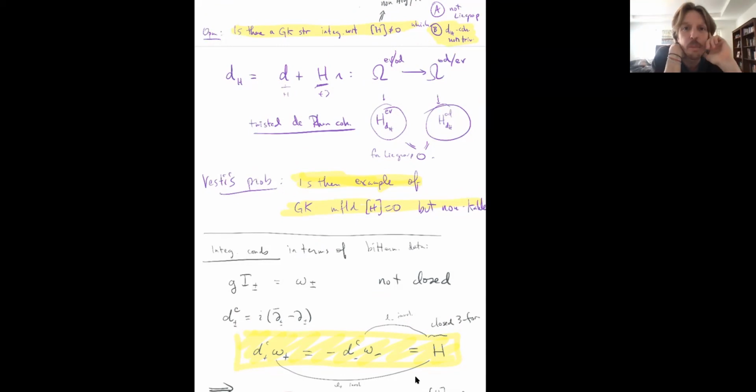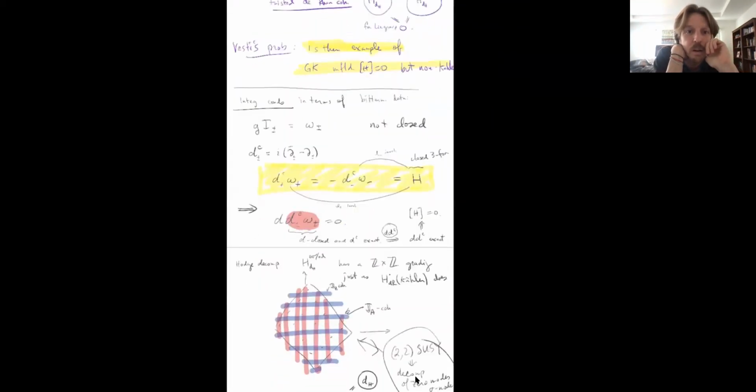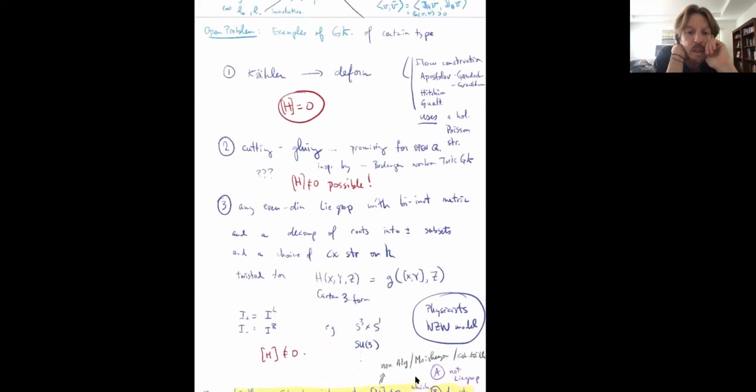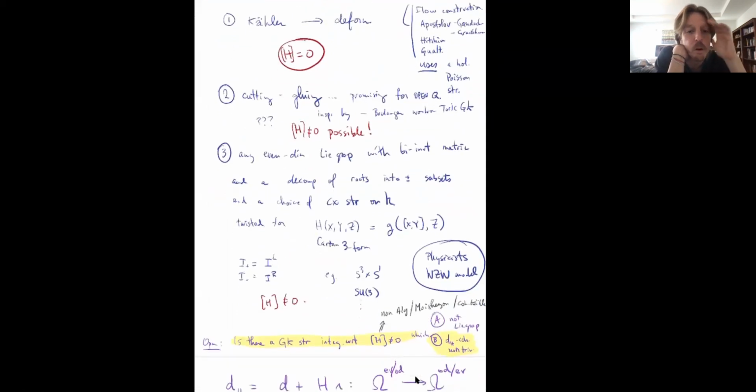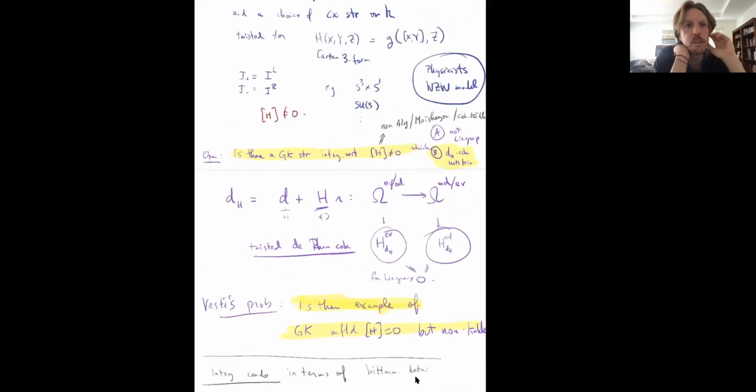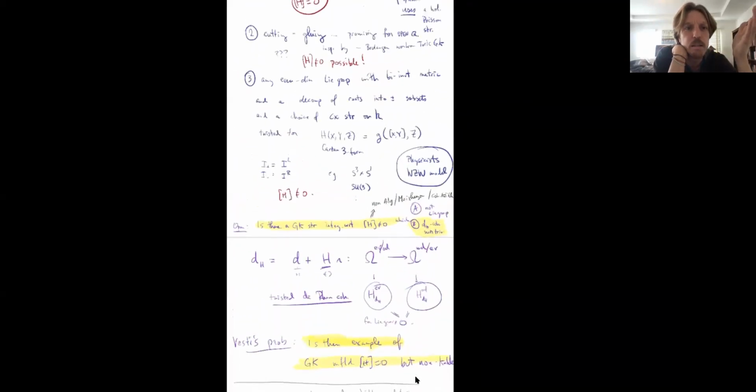Can I just ask a question? Can you go back to question 3, the open question? Aren't there these commuting type GK structures on Kodaira surfaces, like in your paper with Vesti?